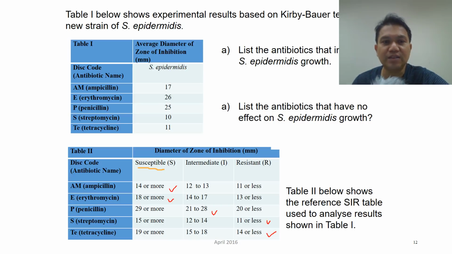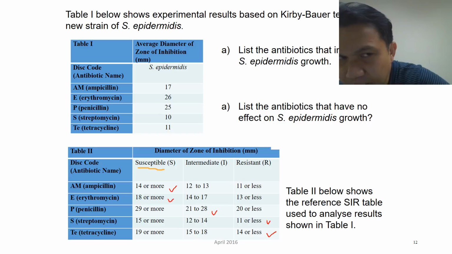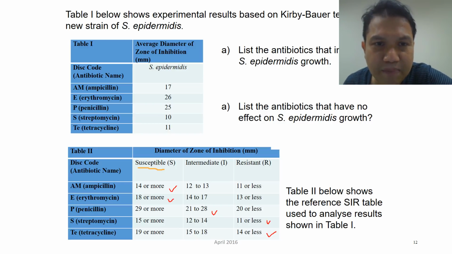Okay, so if we are to look at all the values, I'm going to change back to the red pointer again. If you look at ampicillin, it's 17. That's the diameter, the zone of inhibition. Let's look at the bottom part in table 2.